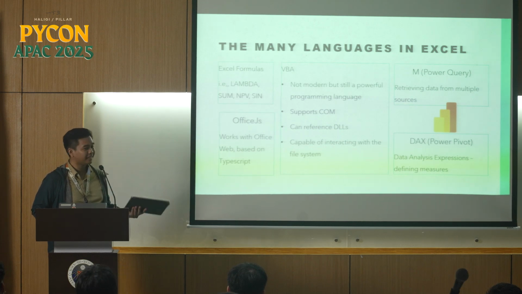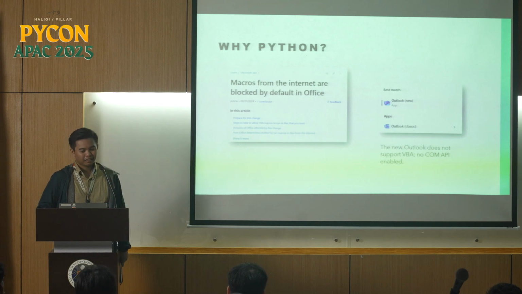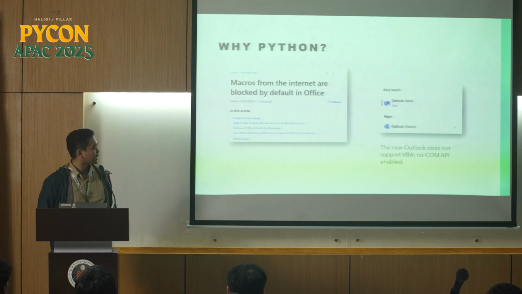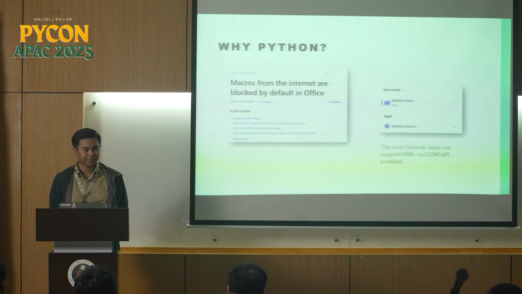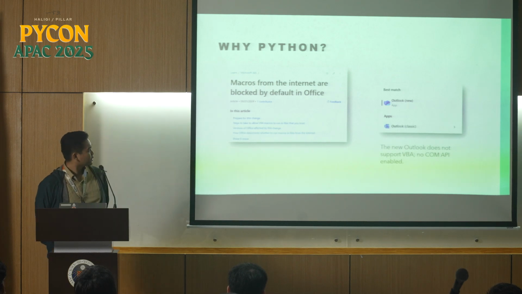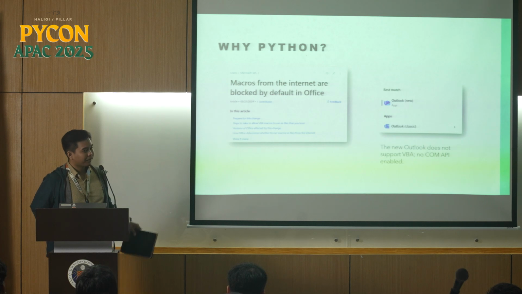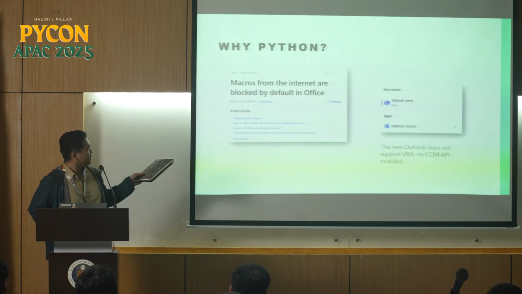For IT, it's a security nightmare. That's why most users have been wishing for Python. So as you can see, Microsoft has made moves that appear to be phasing out VBA. It's probably not in the near future, but here they are.